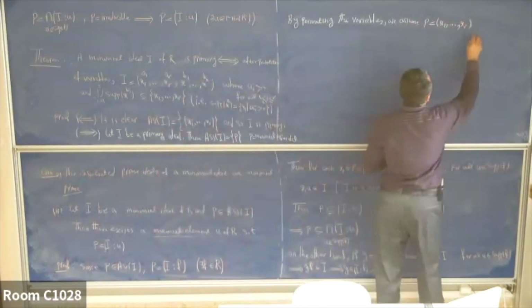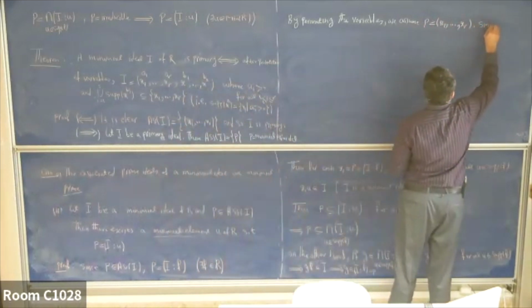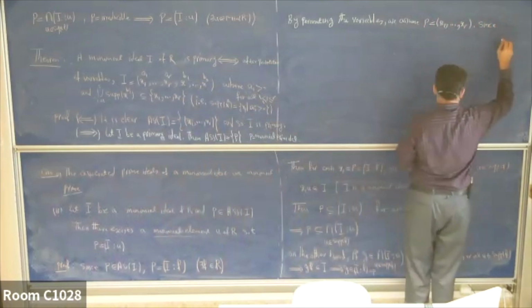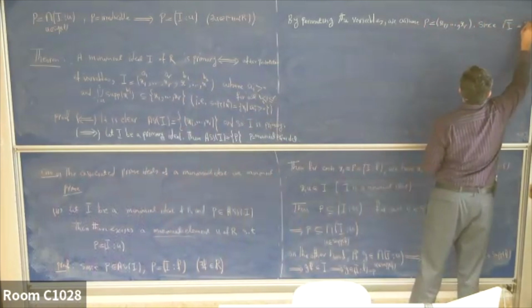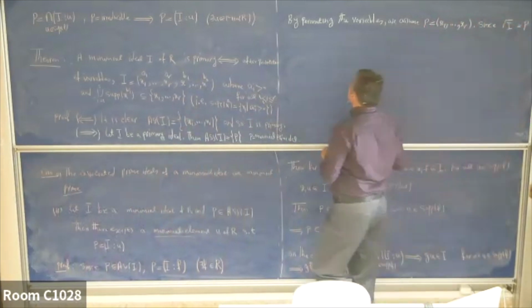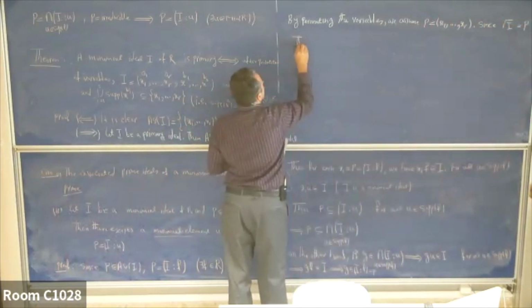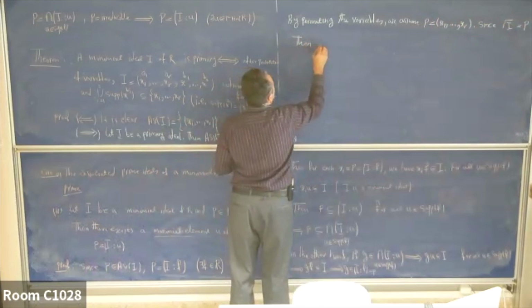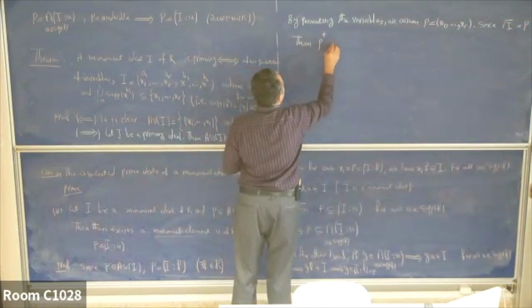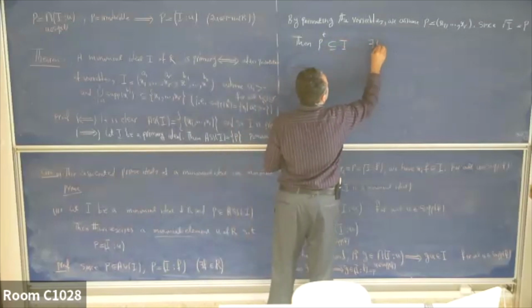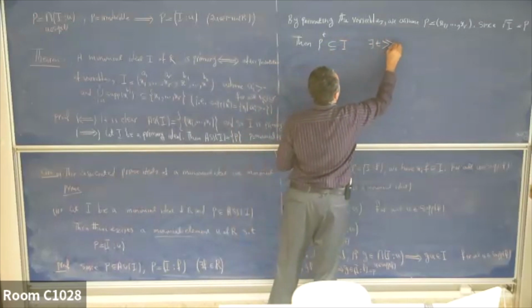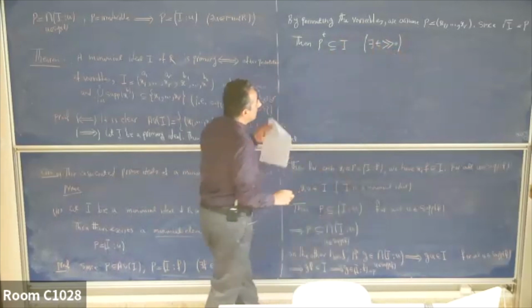Since the radical of I is equal to P, then P power t contains I, for some t, as before.